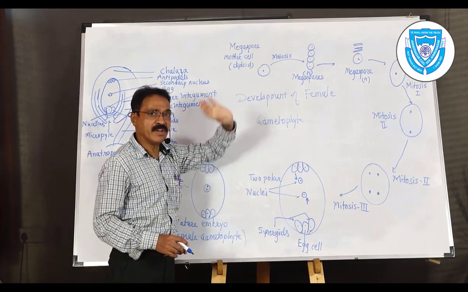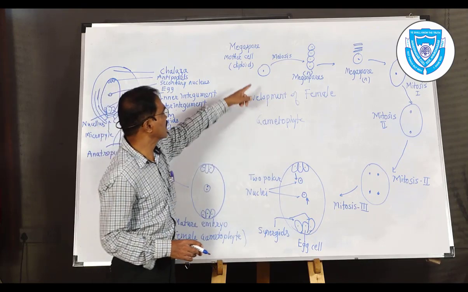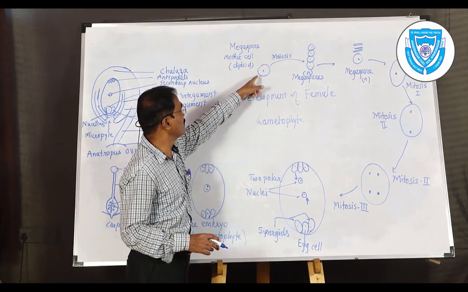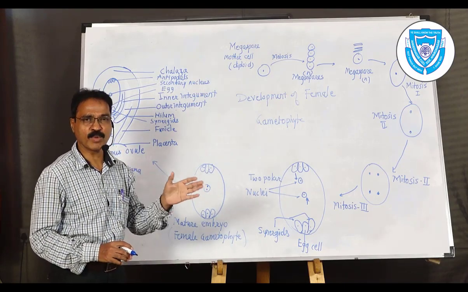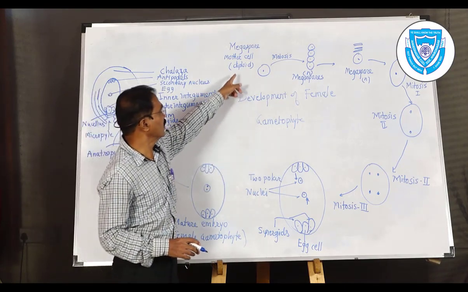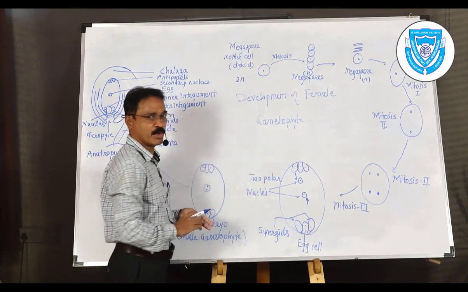This cell enlarges in size, and it is known as the megaspore mother cell, MMC. It is diploid, having 2 sets of chromosomes, 2n.